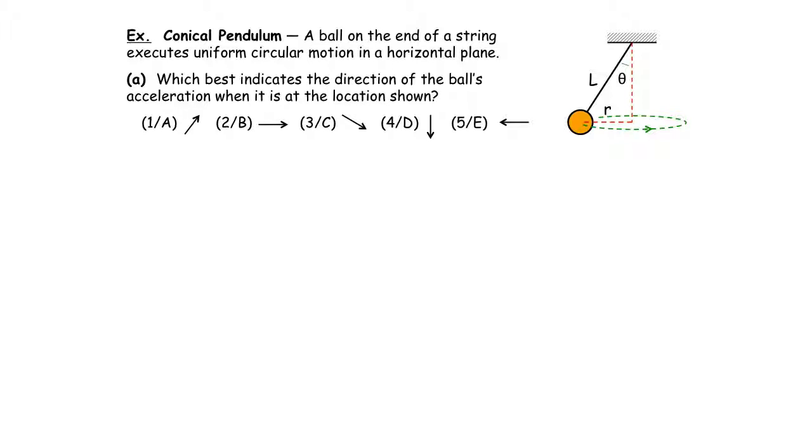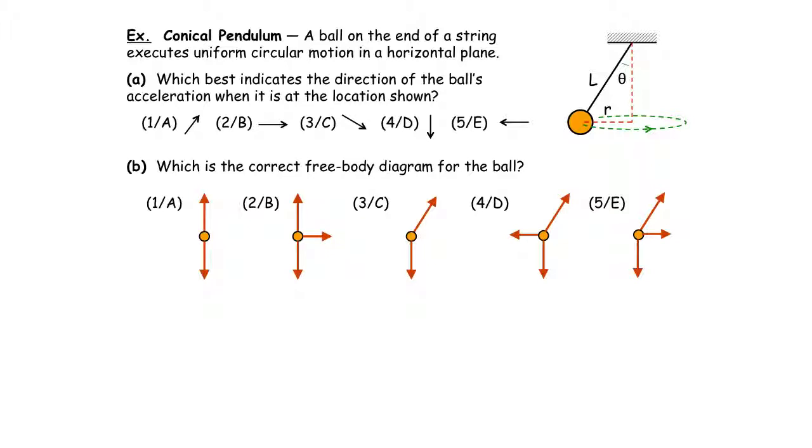Wow, that's awesome. So 95% of you got the right answer. You were able to translate information from one slide to the other. This is good. So always, when we have uniform circular motion, there's always an acceleration towards the center. That was an easy one. This was a softball. Let's go a little further.